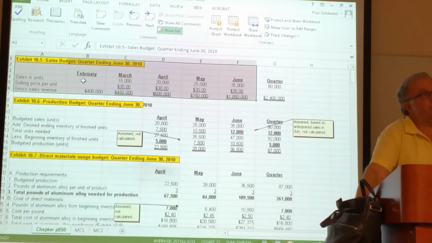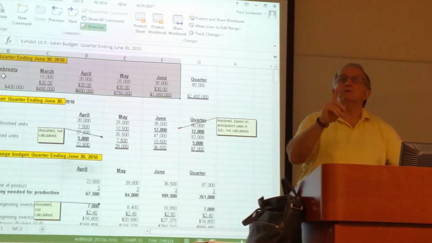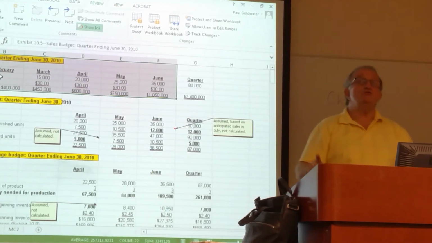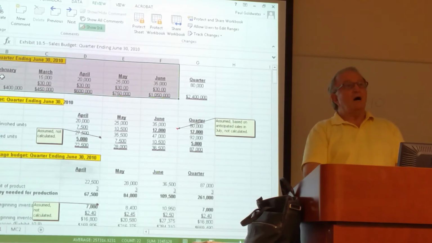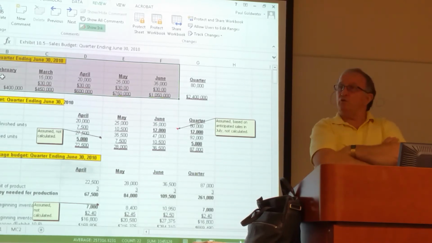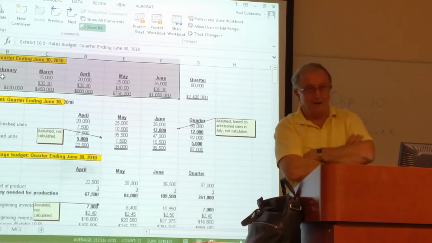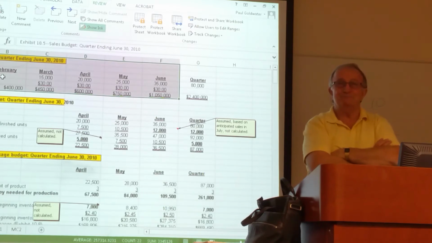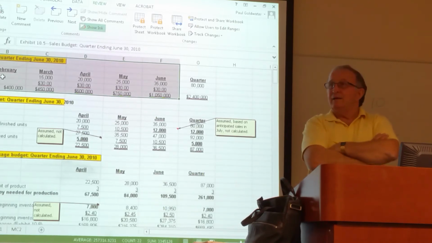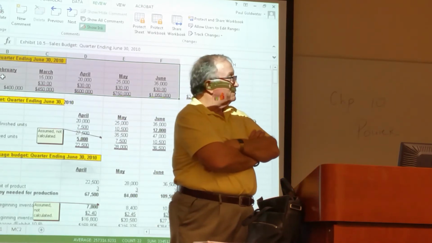Do successful firms have budgets? Yes. Wait on. Do all successful firms have budgets? No. I suspect there are successful firms that are successful in spite of their poor accounting skills. Let's take General Motors. Did they get into trouble? Yes.